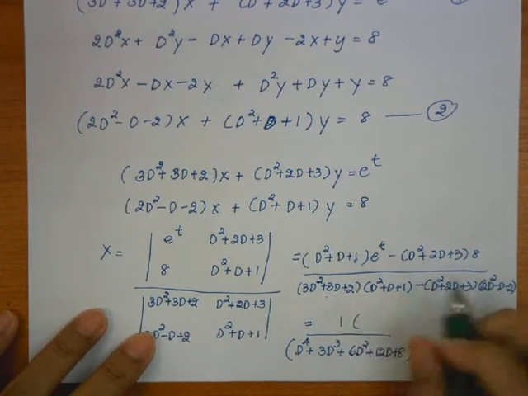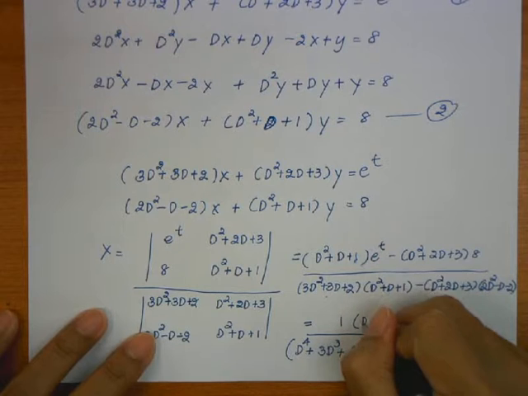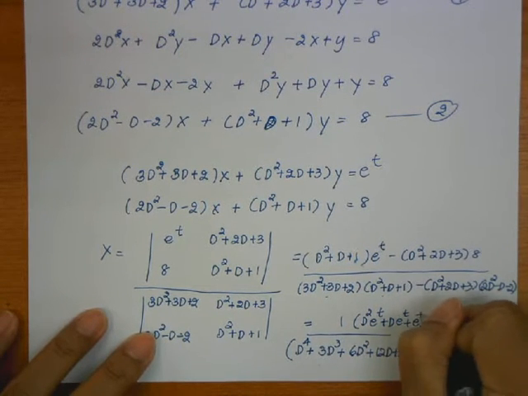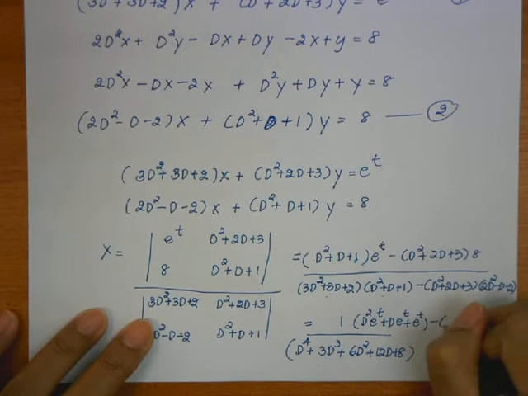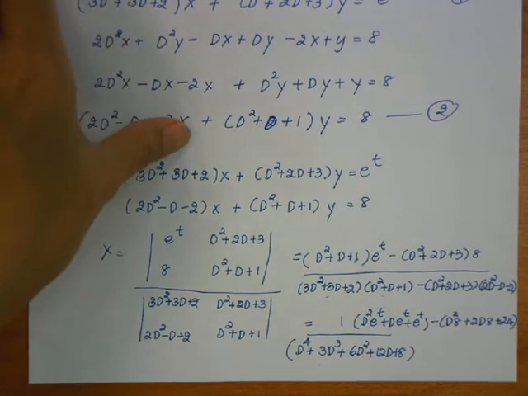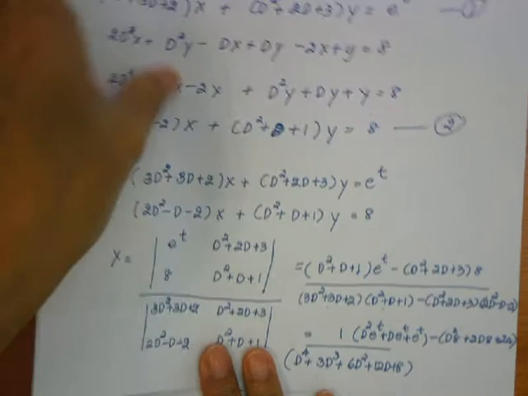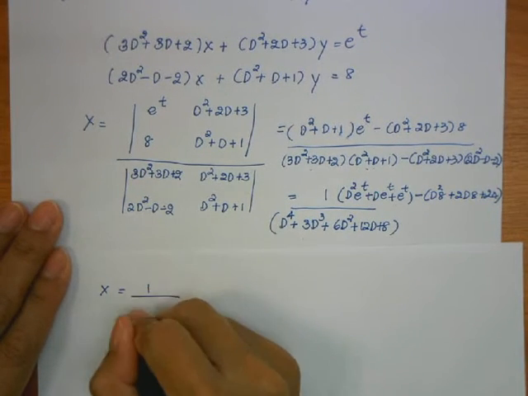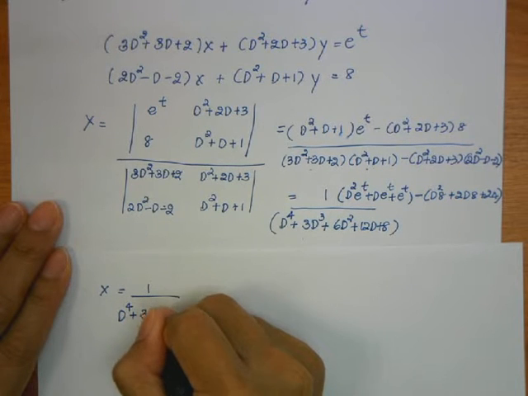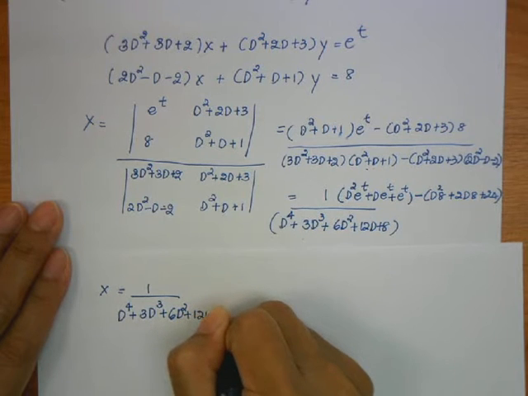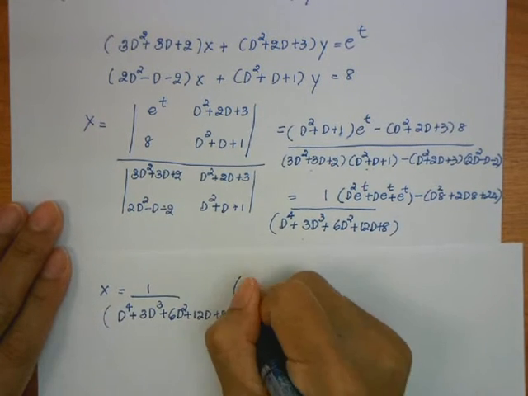And on the top, these were e^t plus De^t plus e^t minus, I would get 1 over d to the power 4 plus 3d to the power 3 plus 12d plus 8. Okay.